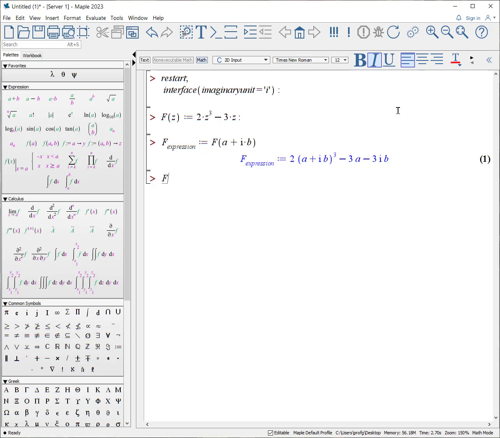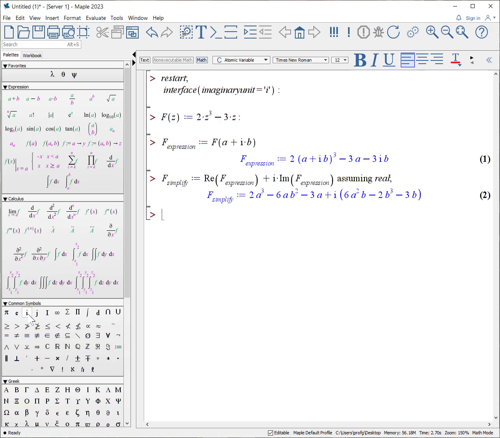So what we can do is simplify this by asking for the real part of our f expression plus I times the imaginary part of our f expression, all assuming that everything is real. And when it does, it produces the output as you see here.